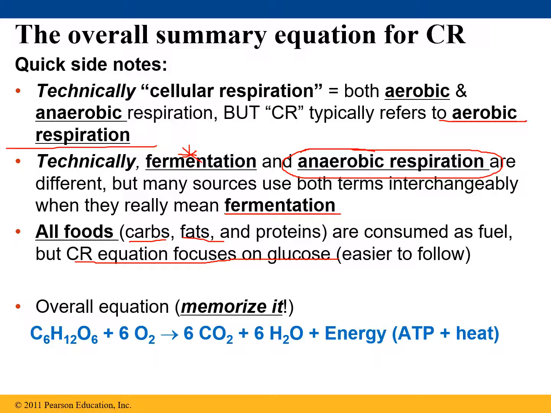You also need to know it in terms of the names. So on the reactant side, we have glucose plus 6 oxygen molecules. So 1 glucose molecule plus 6 oxygen molecules yields 6 carbon dioxide molecules plus 6 water molecules plus energy in the forms of ATP and heat. Commit it to memory.